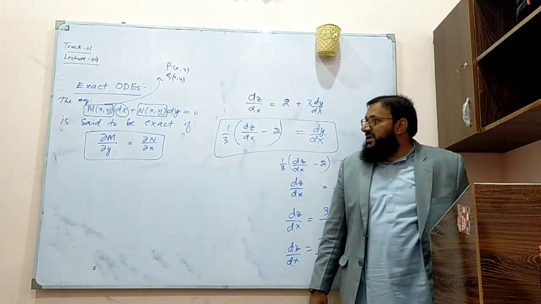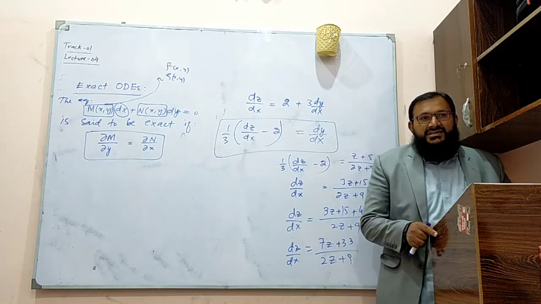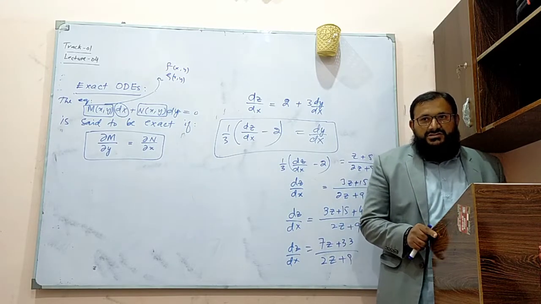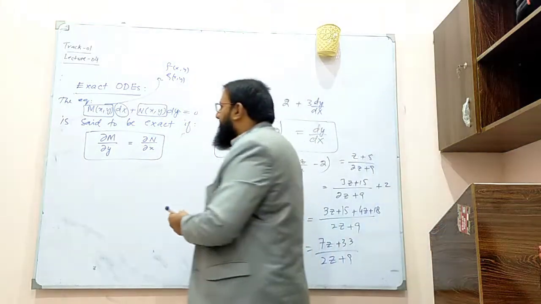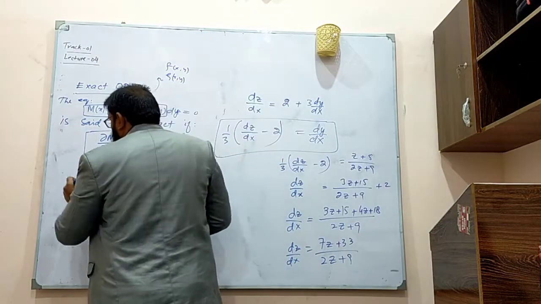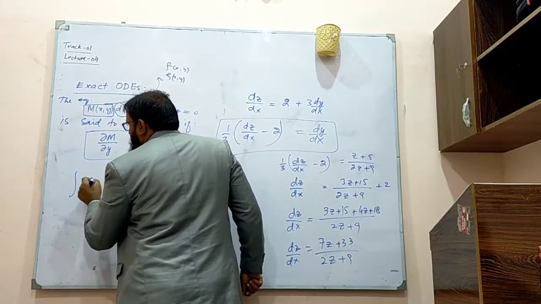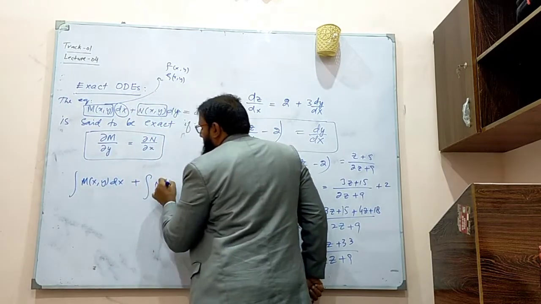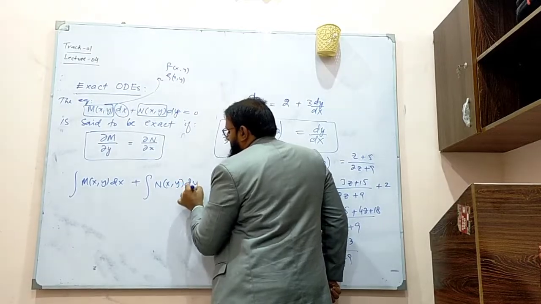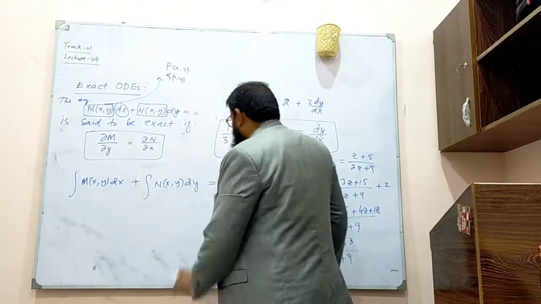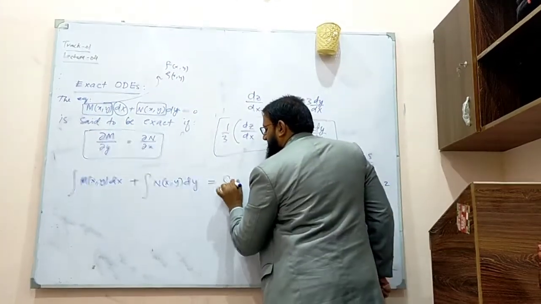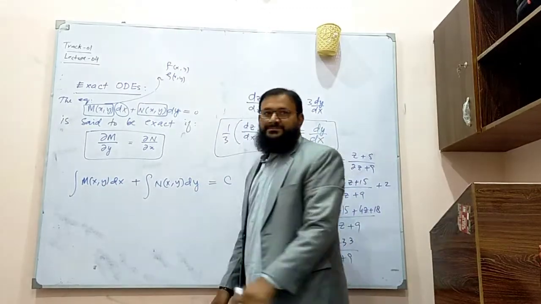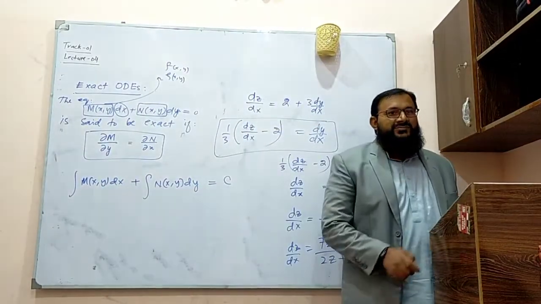And what is the method of solution for this? There is a lengthy method, but we are going for the short one. You integrate M with respect to x, and you integrate N with respect to y. But the question is, is this possible?